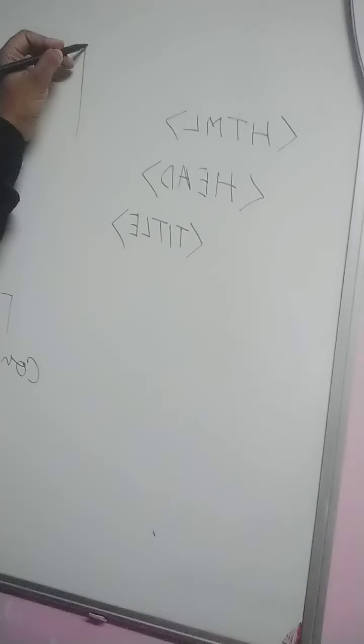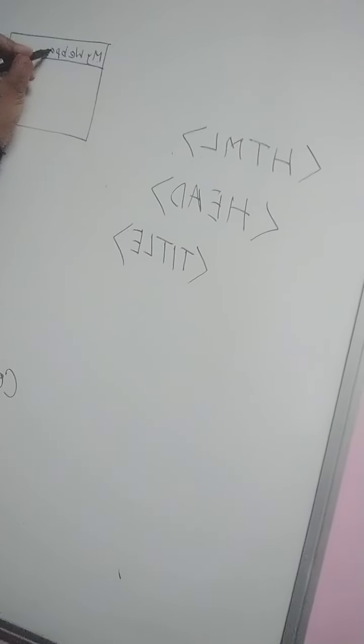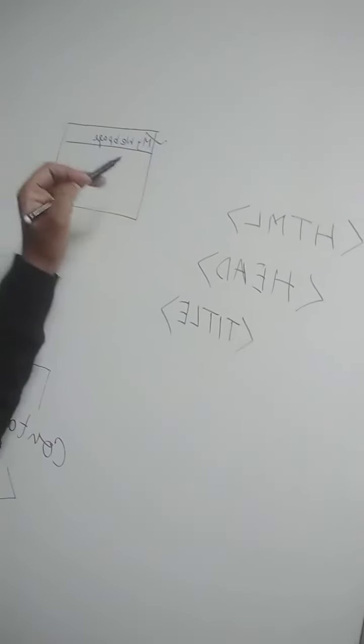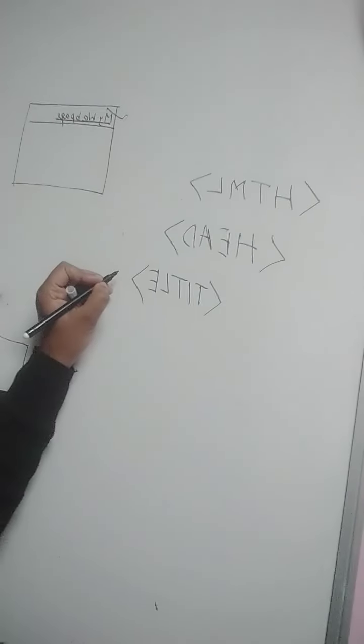Suppose you are creating a web page where you are giving the title as my web page. So this is your header part, and here this is the title. You have to write my web page over here.